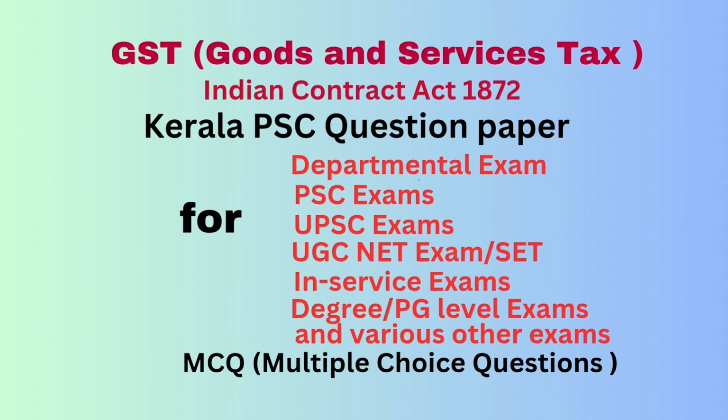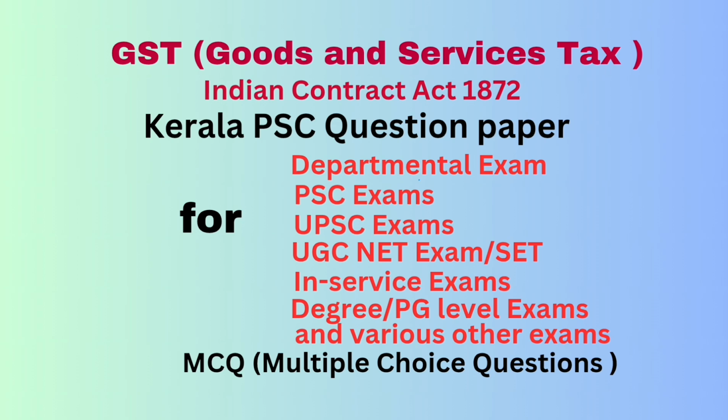A patient in lunatic asylum who is at intervals of sound mind may contract during those intervals. Answer: true. Question number 79. When a person to whom money is paid or thing delivered by mistake under coercion, the person must repay or return.